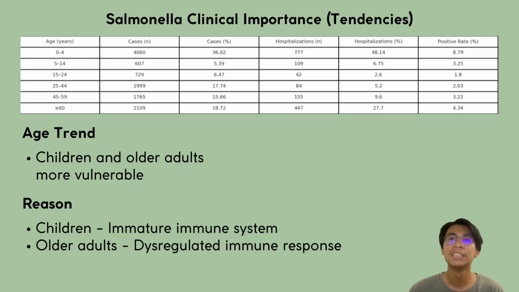For example, children tend to have a much more immature immune system as it has yet to be developed, whereas older adults tend to exhibit a dysregulated immune response due to aging. The aging can cause their immune response to be much weaker and be more susceptible to getting infected by Salmonella.